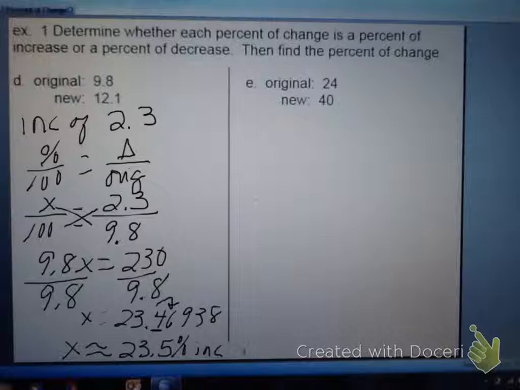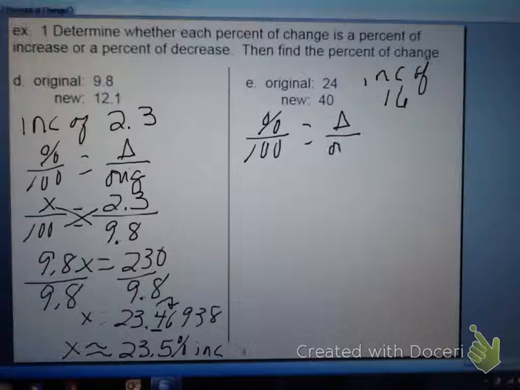Example E, the original was 24, the new was 40. That was an increase of 16. Again, the formula is percent over 100 is equal to change over original. So that's x over 100.